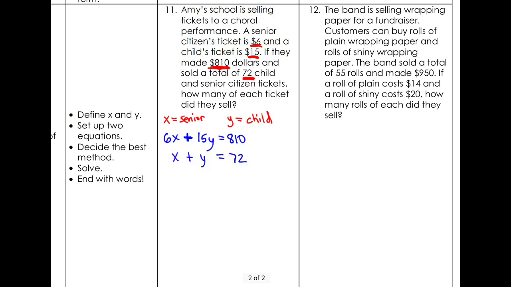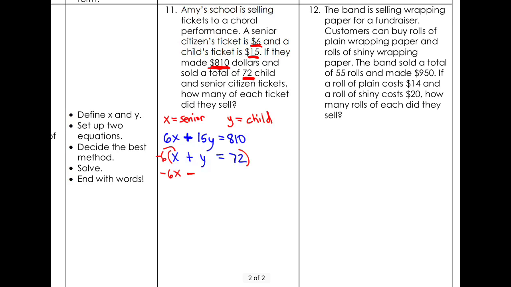And so now we're set up to go ahead and solve this thing and find a solution. I'm going to go ahead and do that by solving this by elimination. So I want to get opposite of this positive 6 down here. So I'm going to do a negative 6 and multiply everything by negative 6. So we know negative 6 times x is negative 6x.